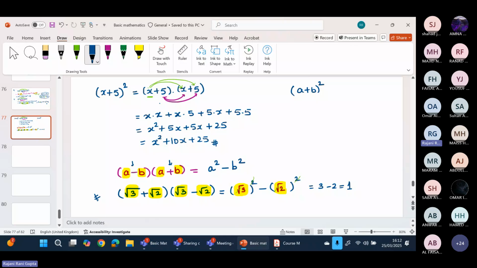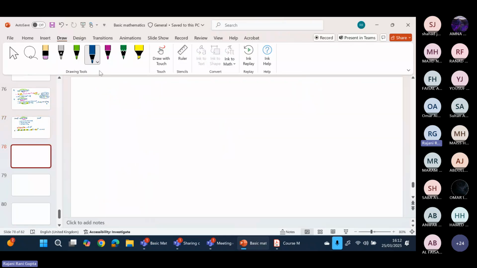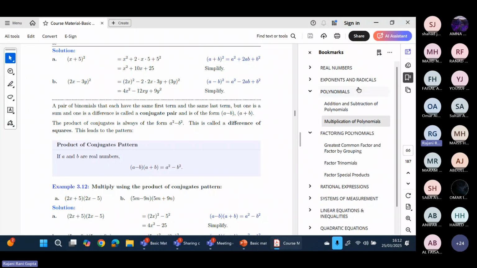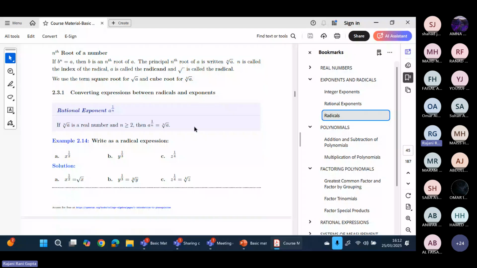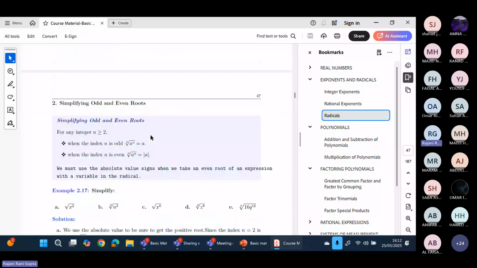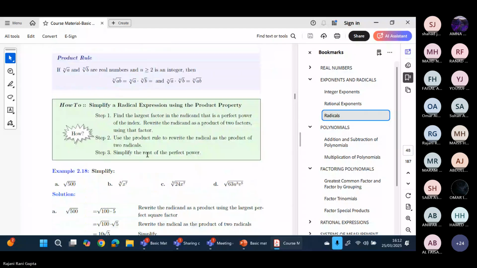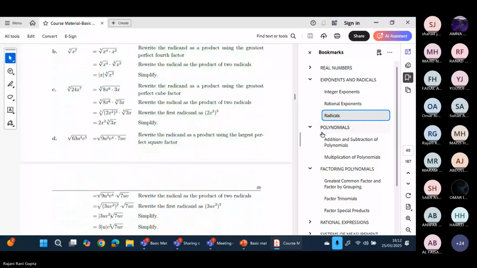Let me focus on this now because I saw some of you couldn't answer. So remember you studied rationalization. Rationalize the denominator. We started with the very basic one. I'm talking about chapter 2, radicals.